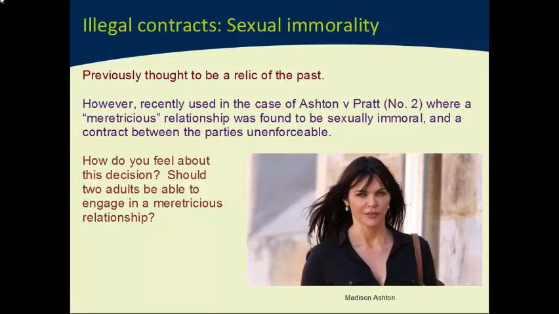Now, that of course was the 1860s, and a fair bit has happened since the 1860s in terms of sexual morality. Nowadays, conduct that we would consider not to be immoral at all is conduct which was absolutely outrageous in the 1860s.